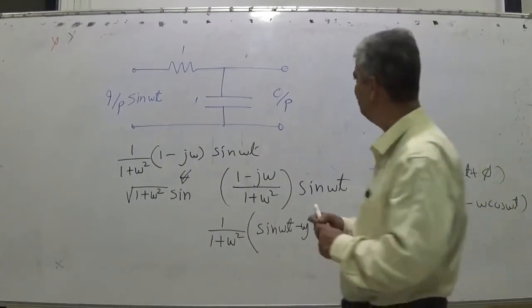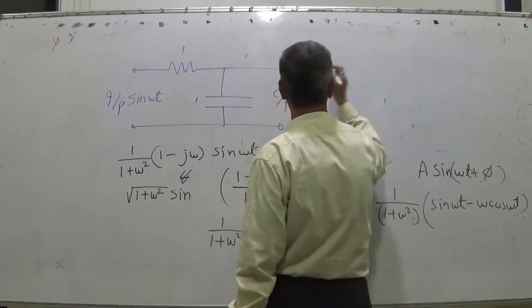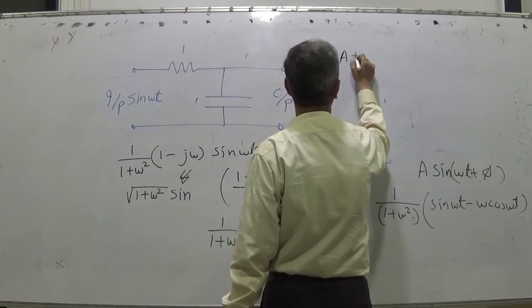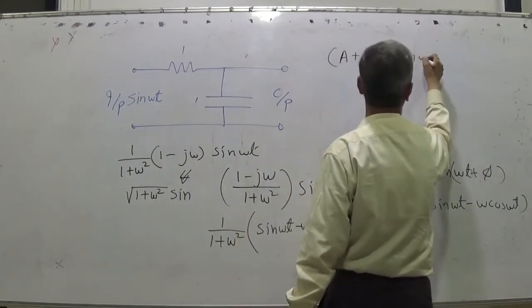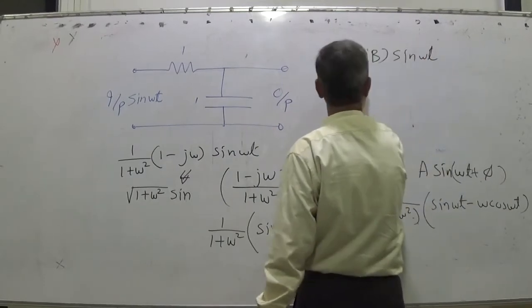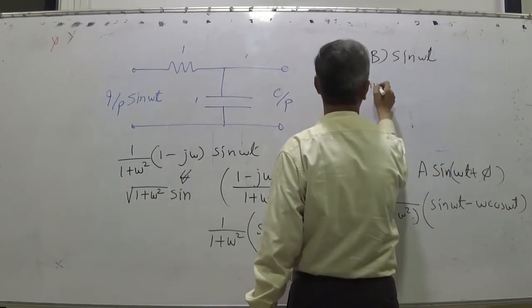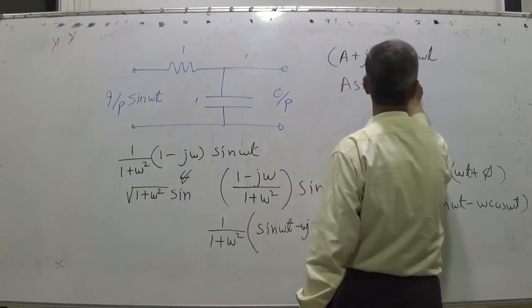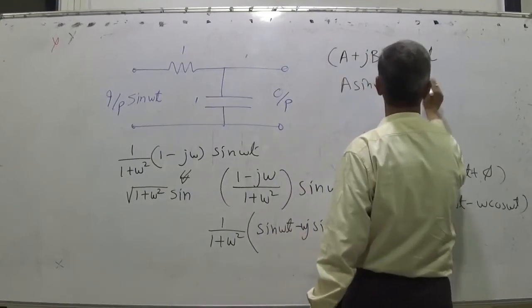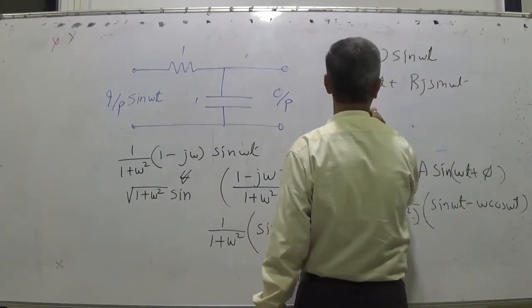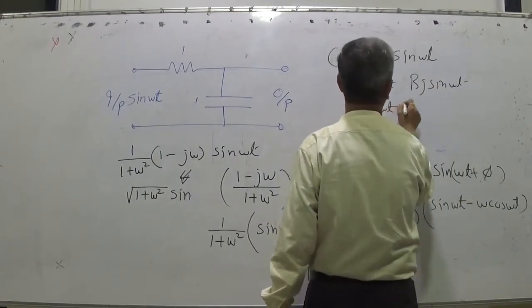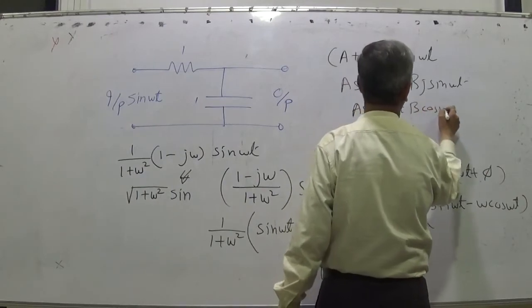If you have (a plus jb) into sine omega t, that is a sine omega t plus b cos omega t.